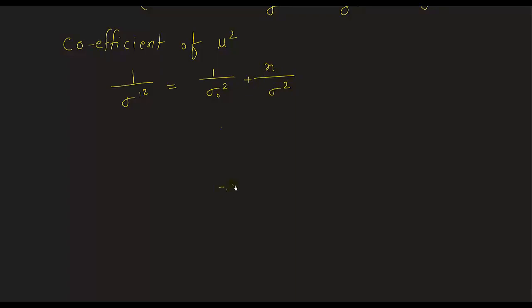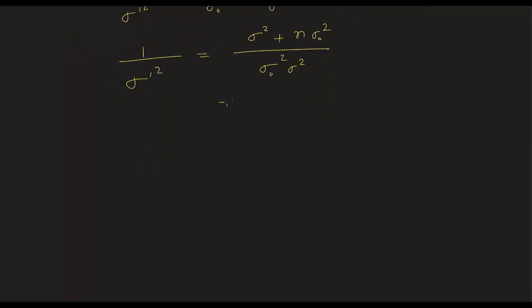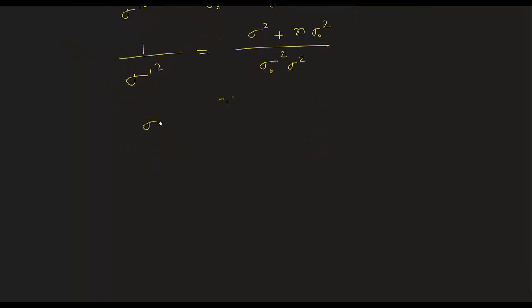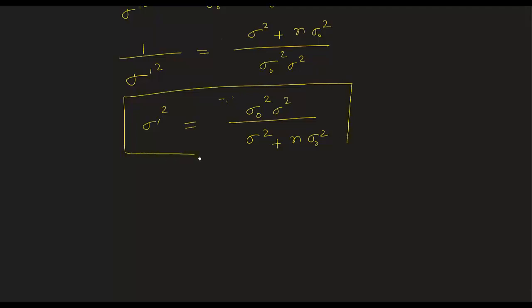Or I can write 1 by sigma dash square is equal to, taking the LCM here, sigma square plus n times sigma naught square over sigma naught square sigma square. So we can write sigma dash whole square is equal to sigma square sigma naught square divided by sigma square plus n times sigma naught square. So now basically we have calculated the standard deviation for the posterior distribution.